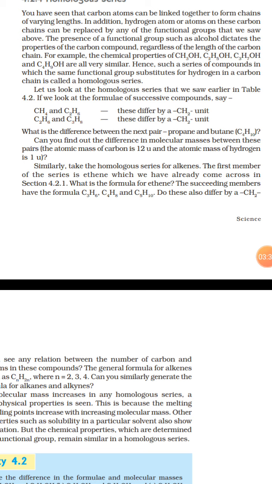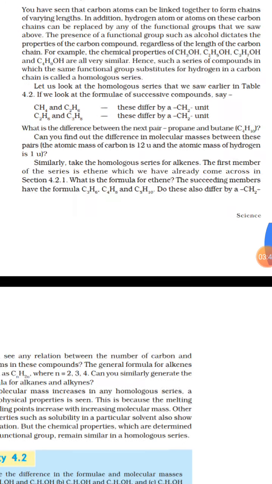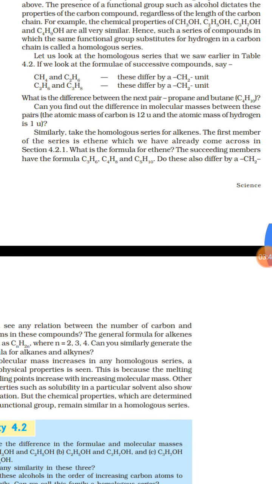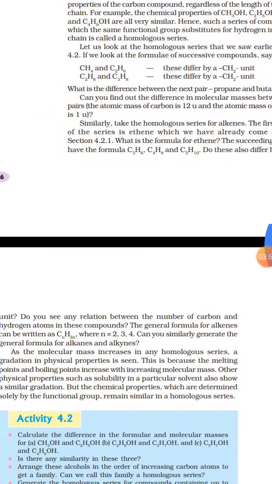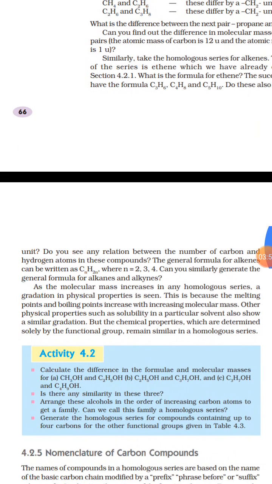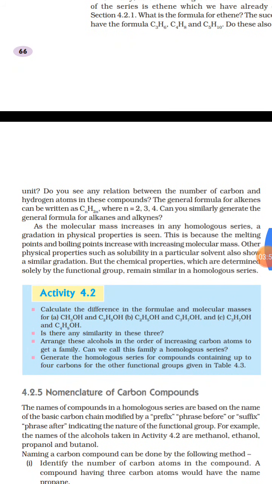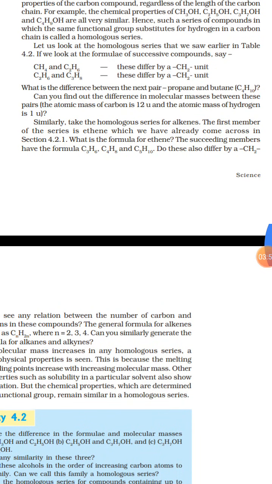Now, what is the formula for ethene? The succeeding members have formulas C3H6, C4H8, C5H10. Do these all differ by CH2? Students, do you see any relation between them? What we understand here is that they just differ by CH2.